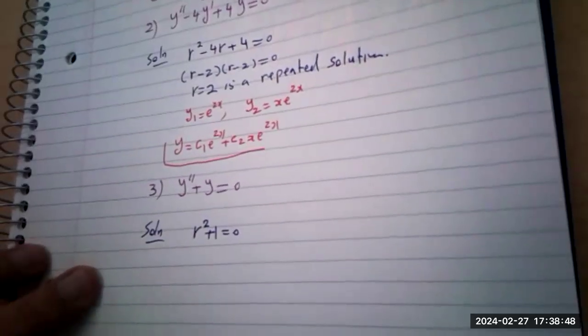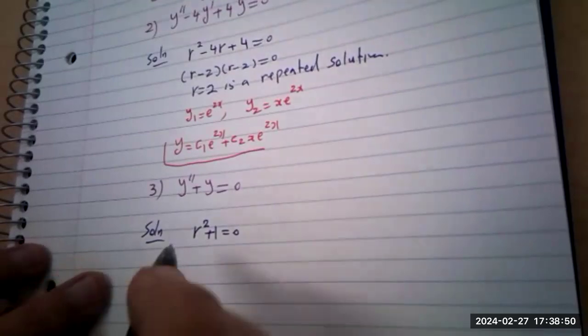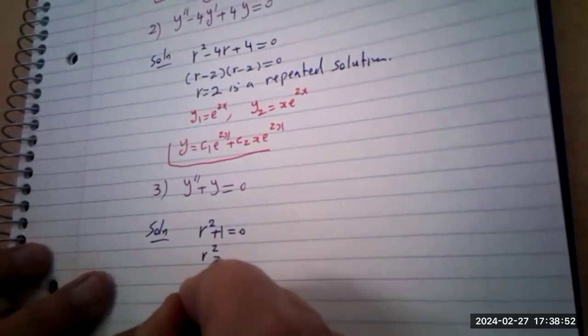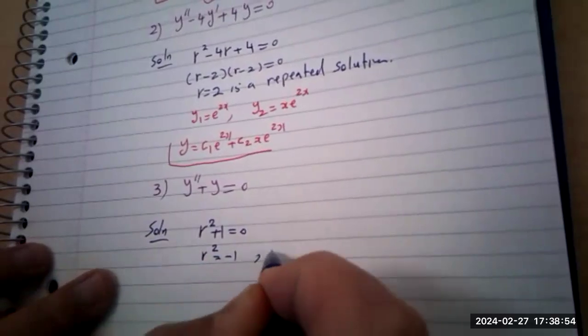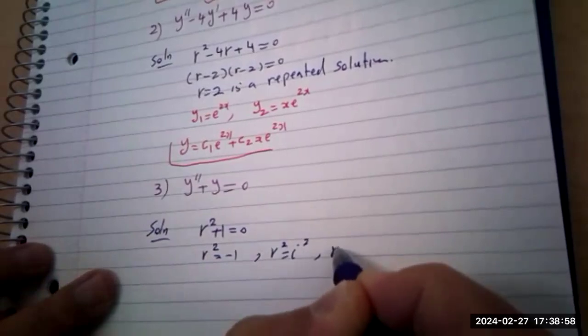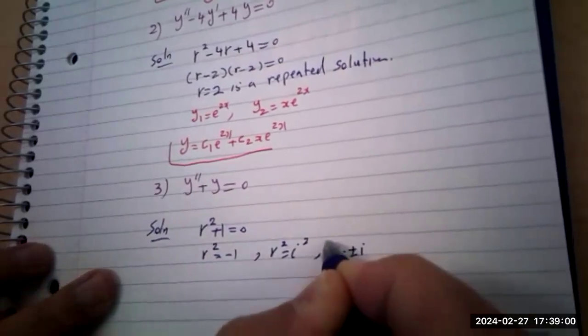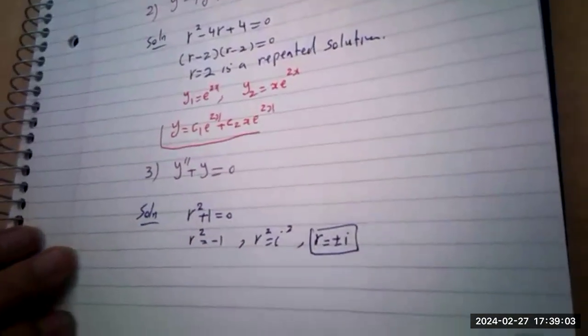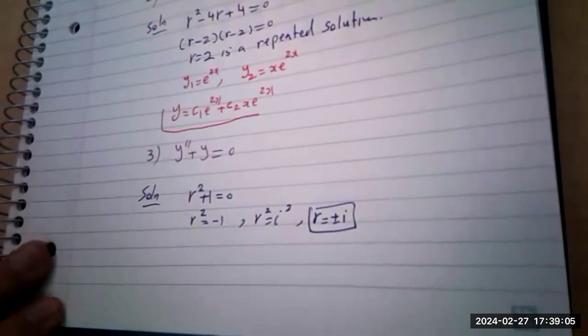You know that it cannot be factored, but r squared equals negative 1. Replace the negative 1 by i squared. So the solutions are going to be positive and negative i. Complex solutions. You pick one of them to identify alpha and beta.